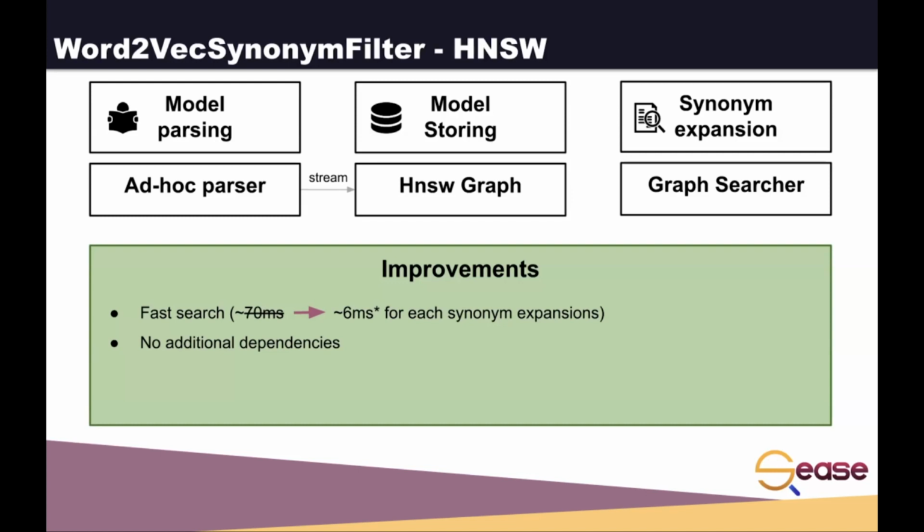We found a speed up of about one order of magnitude, and we didn't need any additional dependencies. So it makes the Lucene source code much simpler and smaller. I mean, we didn't increase the size.